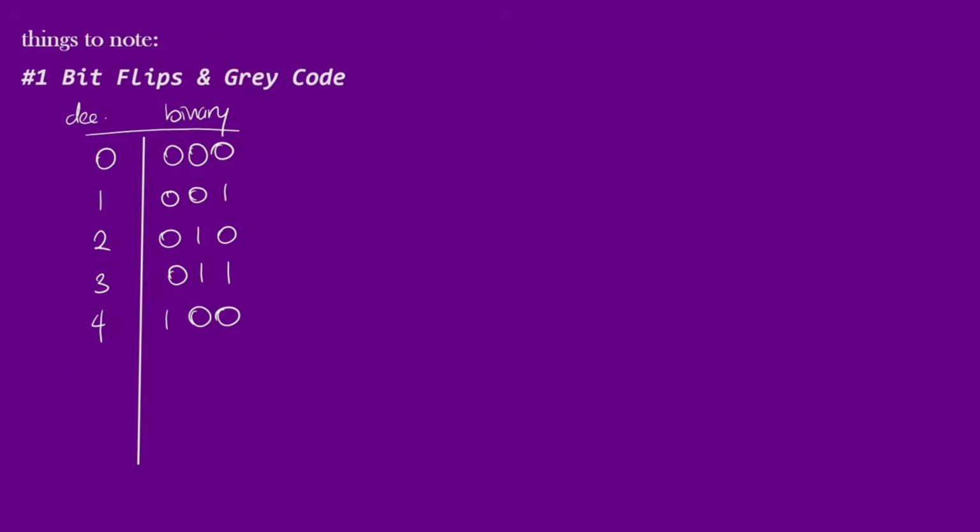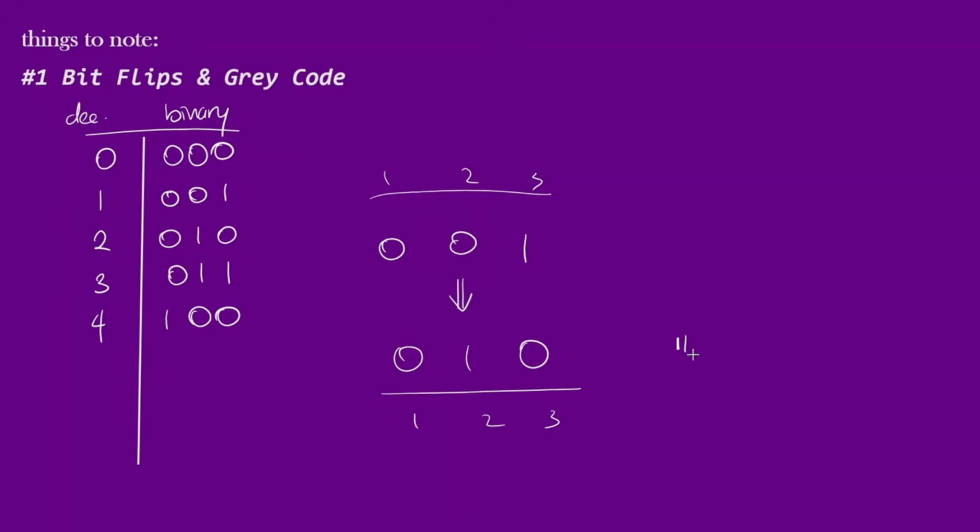But watch as you move from one number to the next. Take, for instance, moving from 1 to 2 in binary. We initially have 001, and we move to 2, which is 010. There are 3 bits here and equally 3 bits there. 1 changes to 0, so that's 1 bit flip. 0 changes to 1, that's another bit flip.